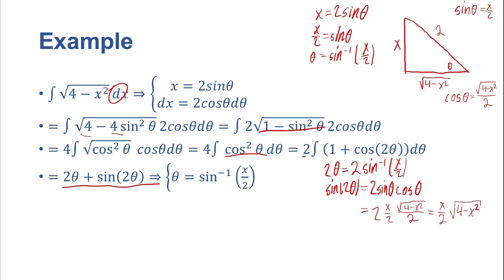So now we've found the sine of 2 theta. So now we can plug that back into our integral, and this is going to give us our final answer. Finally, we get 2 times the inverse sine of x over 2 plus x over 2 times the square root of 4 minus x squared plus C.